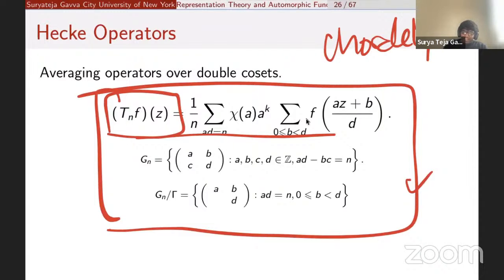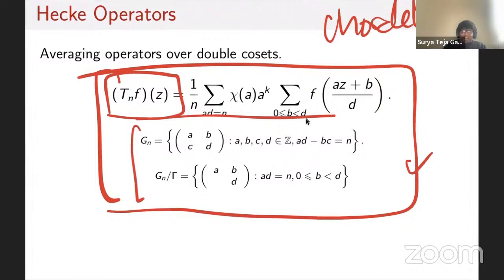So for every n, there's an operator and they act in a certain way. They're averaging over these cosets. Anyway, these operators preserve these spaces of modular forms, and they commute.